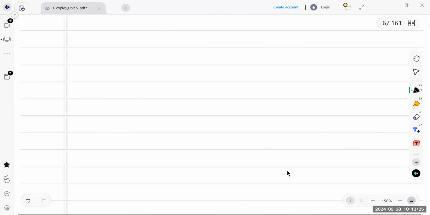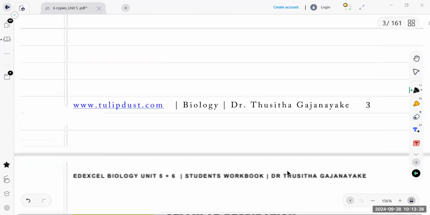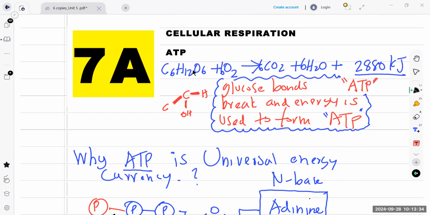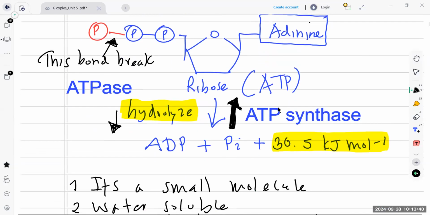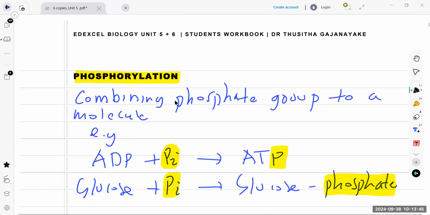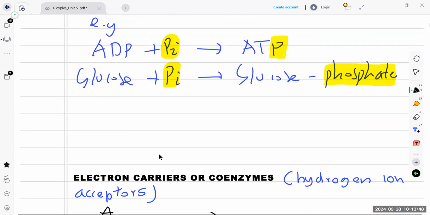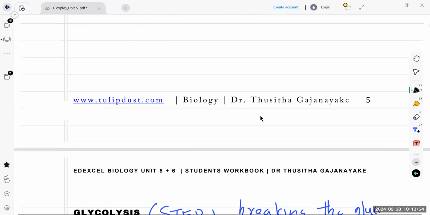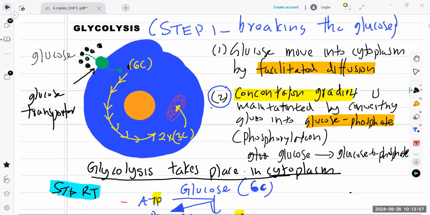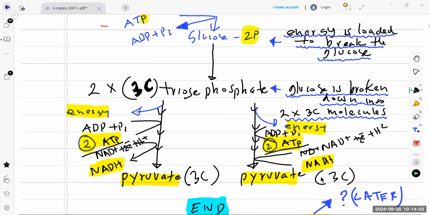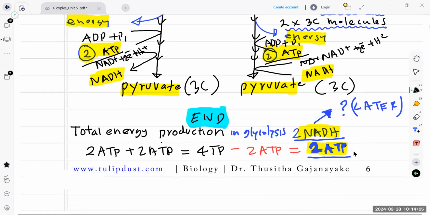Before we come to that, let's quickly summarize. We learned that glucose in the presence of oxygen produces this much energy, and ATP is the universal energy currency. There are steps called phosphorylation and electron carriers that harvest energy and transfer energy at various levels. Glycolysis is the first step, in which glucose breaks down into 2 pyruvate, producing 2 ATP and 2 NADH.